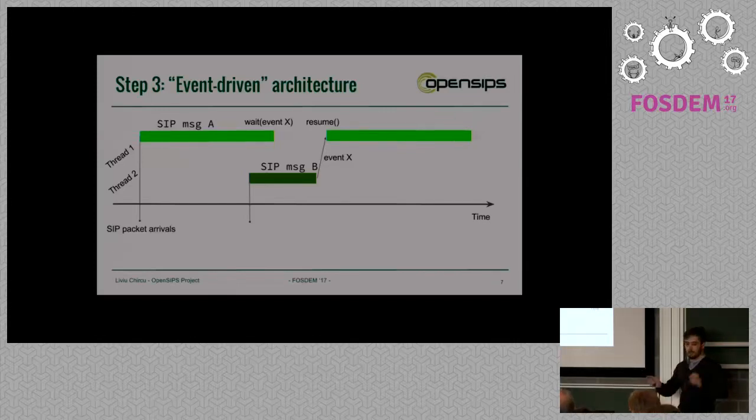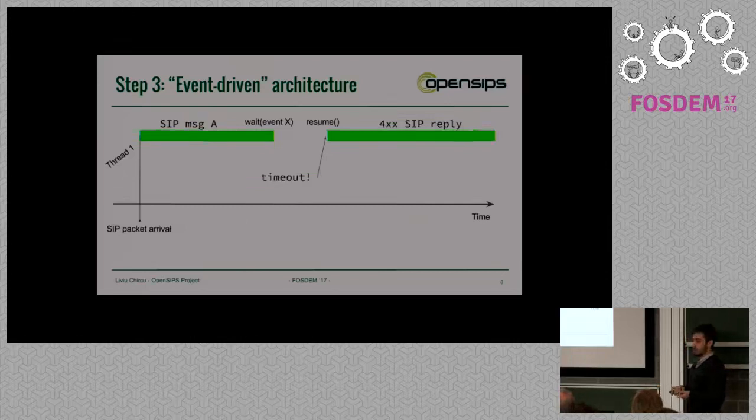You will be able to resume processing only after that one is received. Of course, this is the happy scenario where you actually receive the event, but you might also run into something like this. So nothing arrives. So somehow a timeout must be generated so you can take the appropriate action.